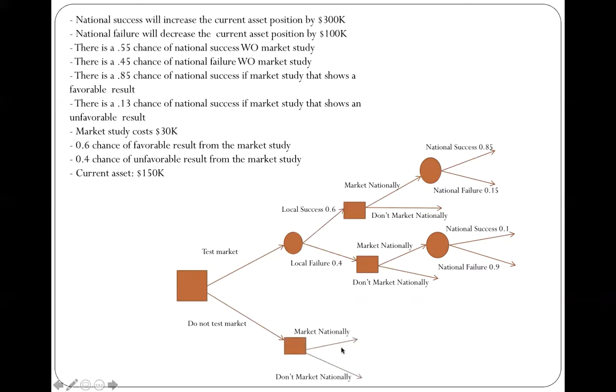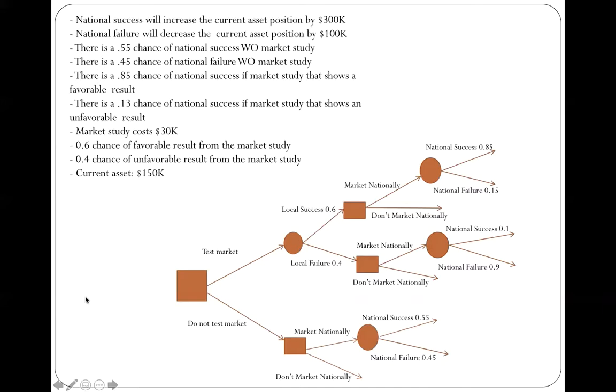If we decide to market the product nationally, we have two possible outcomes. They're not under our control, so again, we use an event fork to show them. Those possible outcomes are national success or national failure, with the probabilities again that were given to us in the problem statement. And if we decide not to go ahead and market the product nationally, that's the end of the decision making for us as well.